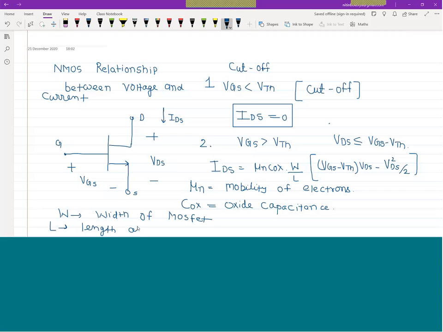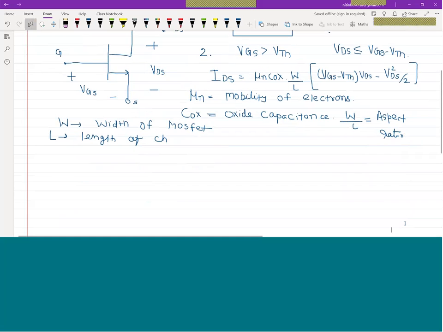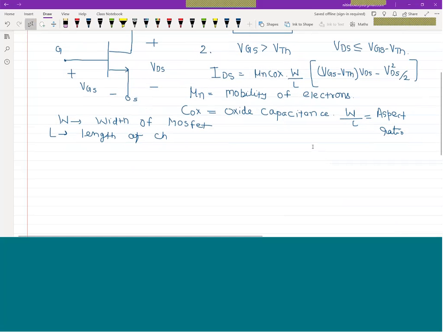L is the length of the channel, and this W by L ratio is also known as the aspect ratio. And then you can modify this relationship.